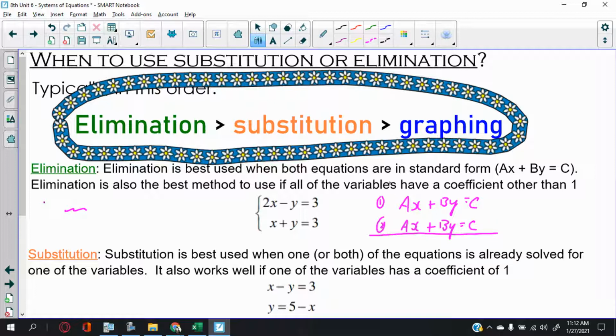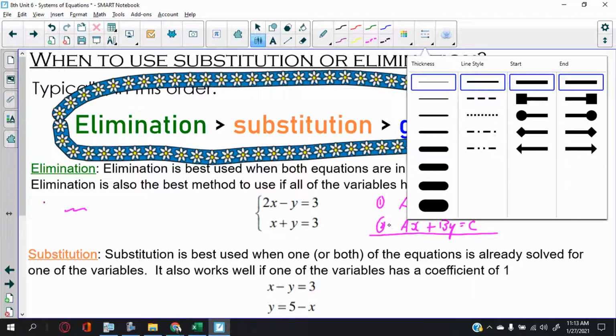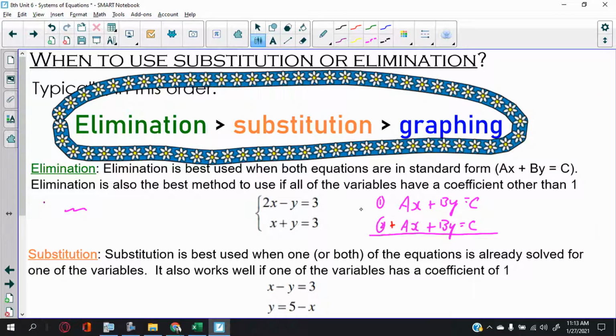You could either add them immediately, or subtract them immediately, to cancel one of the terms. That's a type 1 elimination, where you hardly make any changes to the equations.